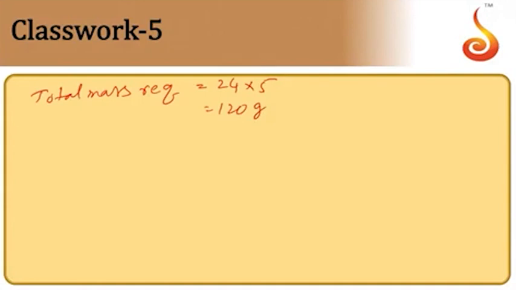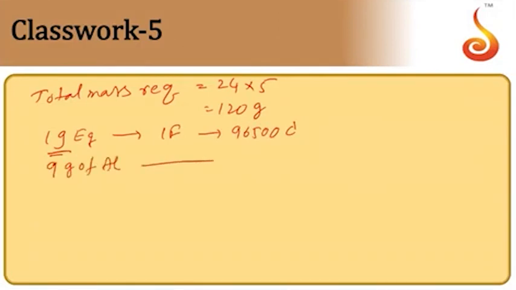Now 1 gram equivalent requires 1 Faraday of charge, means requires 96,500 coulombs of charge. And 1 gram equivalent of aluminum means 9 grams. That implies 9 grams of Al requires 96500 coulombs. We require here 120 grams of aluminum.